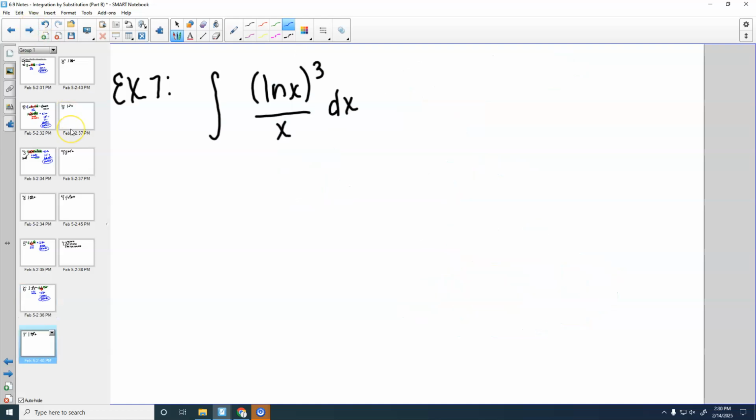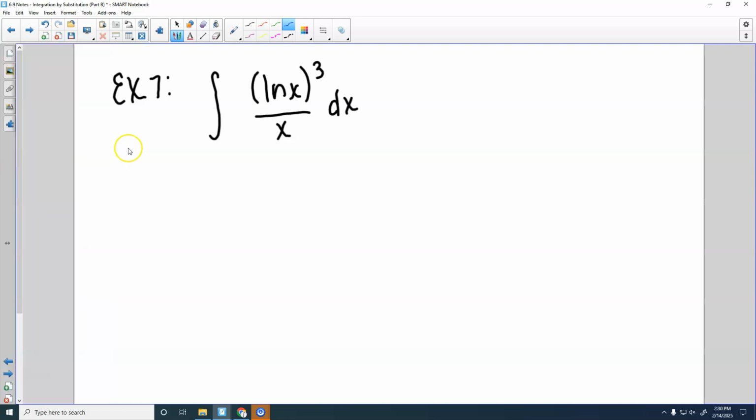Okay, let's keep moving. All right, let's look at this one, because we need to definitely do this one to show that the u is not always the denominator when you have a fraction.